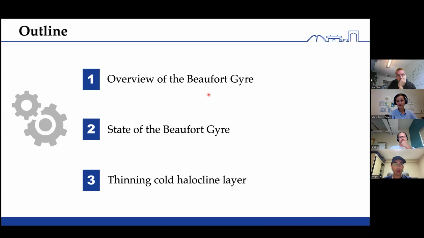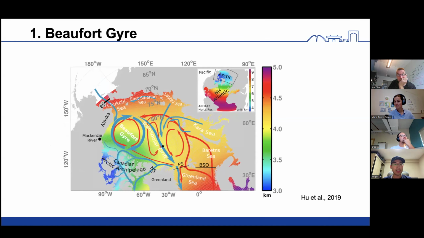So for today's talk, I will start with a brief overview or introduction of the Beaufort Gyre, followed by my results on the state of the Beaufort Gyre, as well as the thinning of the halocline layer. And this schematic shows the circulation in the Arctic Ocean.